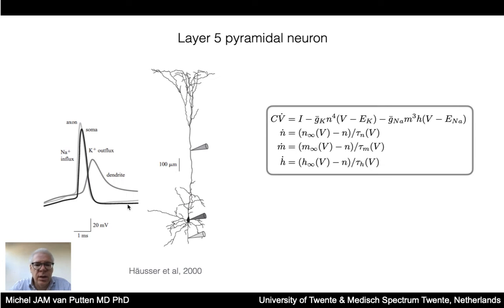And we also learned that we can describe action potentials using the Hodgkin-Huxley equation, shown here on the right, where the I, the current, can be an external current, but in the central nervous system, this current is typically realized by the chemical synapses.